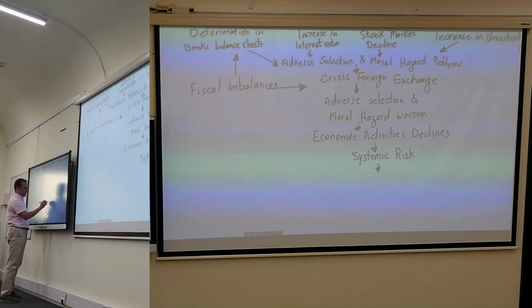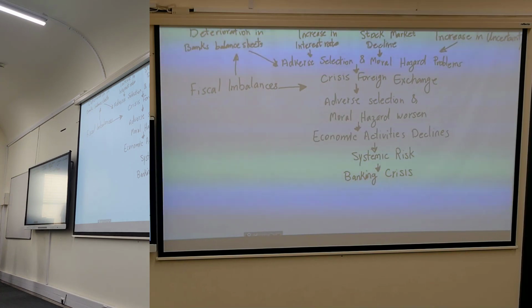And this systemic risk might make some problems for the banks. So we might have the banking crisis, and this banking crisis might be like a domino effect transferred to the other sectors of the economy and the financial system or financial institutions. So again, this adverse selection and moral hazard will be worsened and worsened.